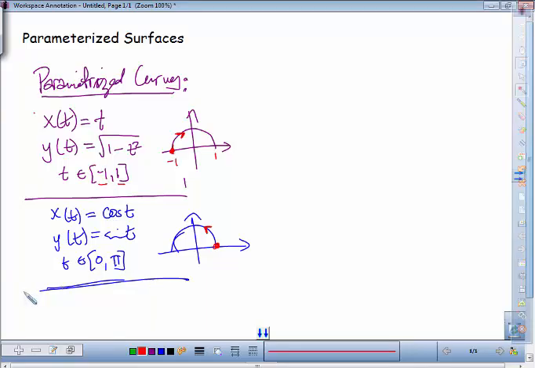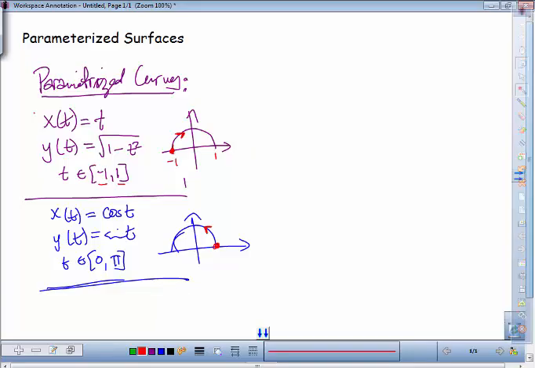And if you're computing the work that it takes to go around this curve from one point to another, the starting and ending points do make a difference as well, in that this is going to give us a different answer for your work being done.